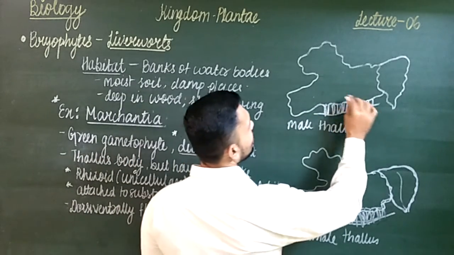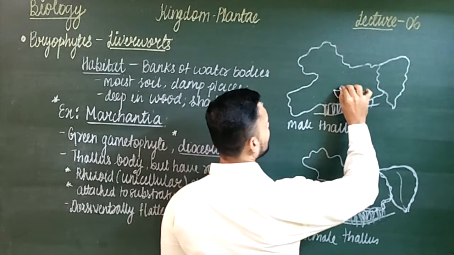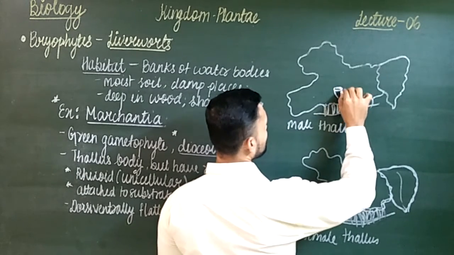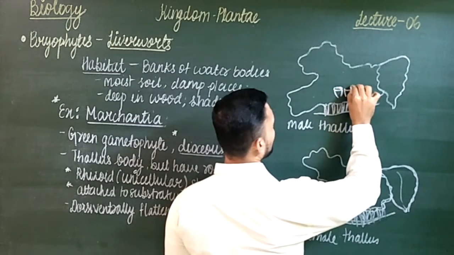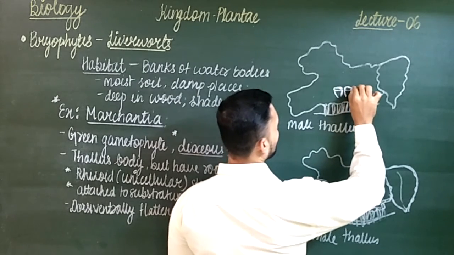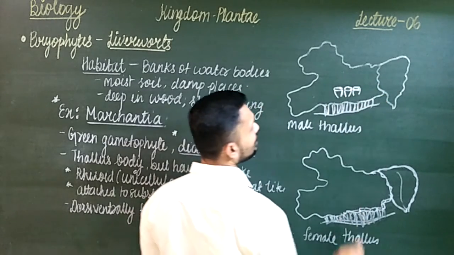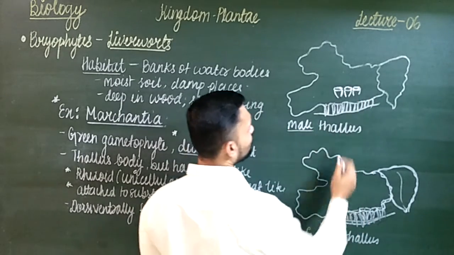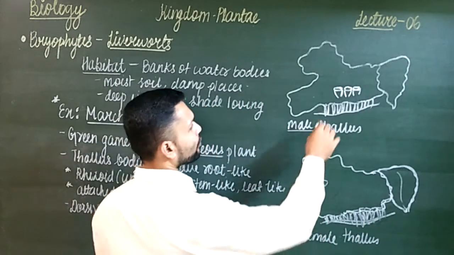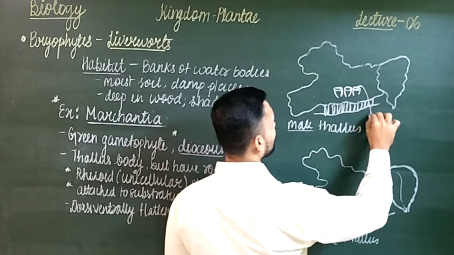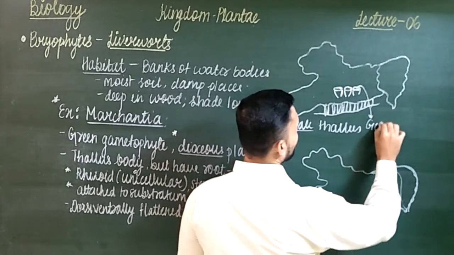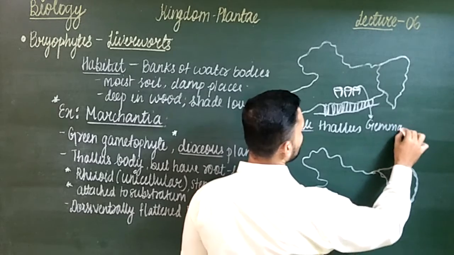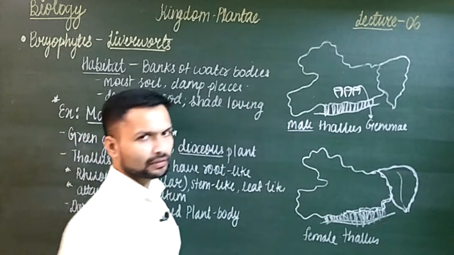तो just near the rhizoids you will find structures known as gemmicups. So these are meant for asexual reproduction. Similarly, male thallus will form those male gemmicups, and from those gemmae are produced, which will lead to formation of again a male thallus body.